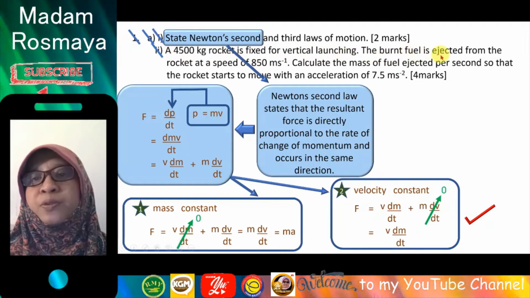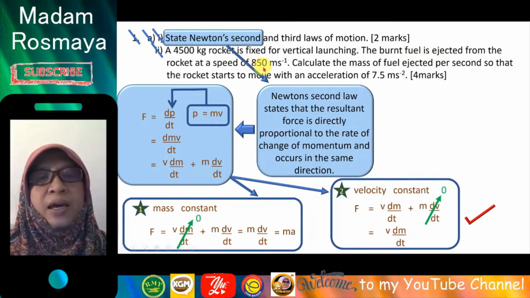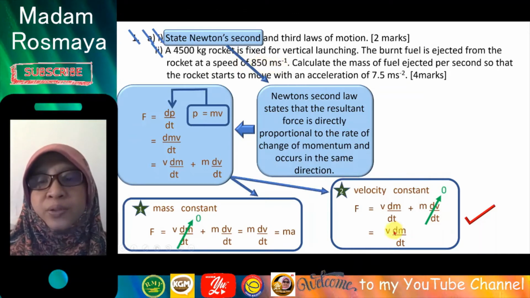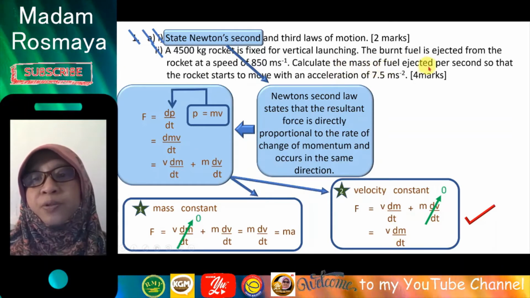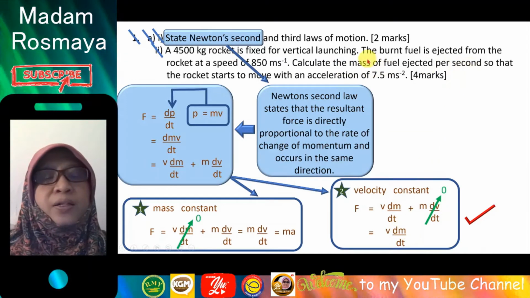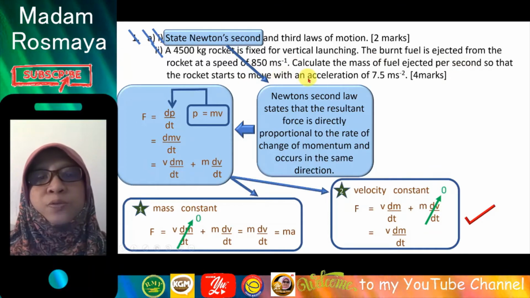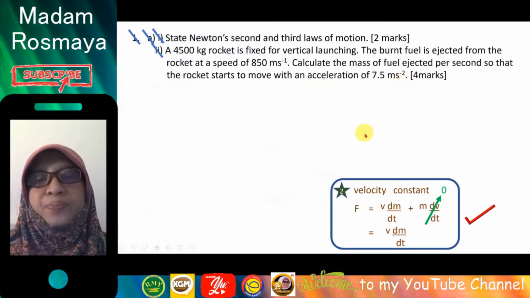The burnt fuel is ejected from the rocket at a speed of 850 meters per second, so the speed here is constant. Then calculate the mass of fuel ejected per second, which is dm by dt, so that the rocket starts to move with an acceleration of 7.5 meters per second squared.